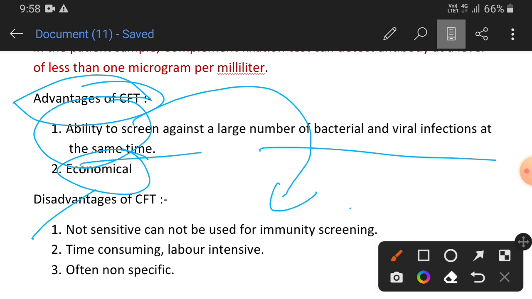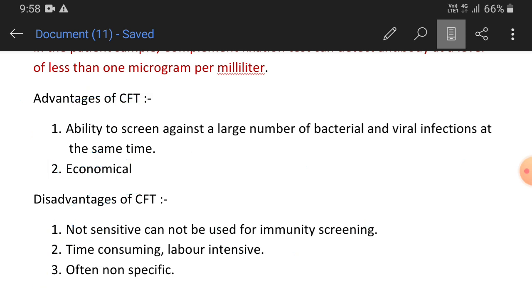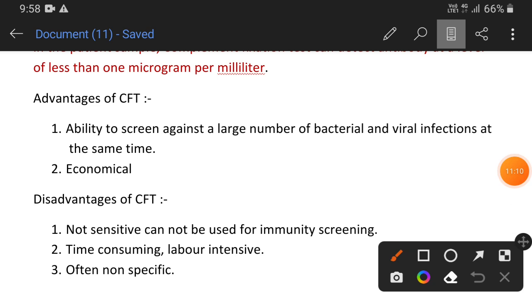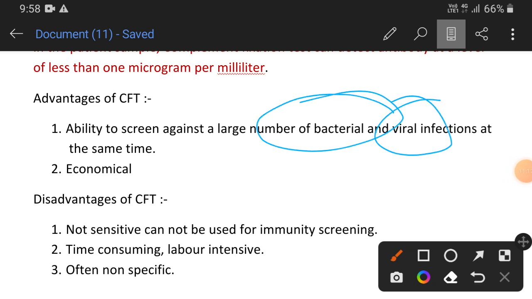You cannot do immunity screening on the basis of the complement fixation test. Also it is time consuming and labor intensive, and often it is non-specific. That is why, as it is non-specific, we are able to test bacterial and viral infection at the same time, right? So it is an advantage as well as a disadvantage, depending on the point of view.